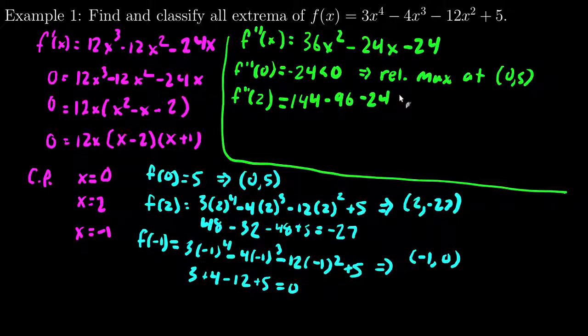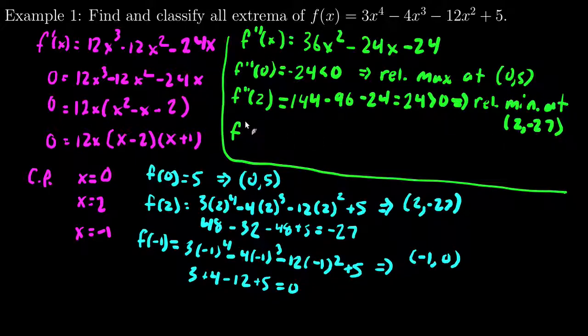But that doesn't actually matter so much. What actually matters here is the fact that this is bigger than 0. I didn't care that this was 24 instead of 28 or 18. What matters is this is bigger than 0, which means we're concave up, and that means we have a relative minimum at 2, negative 27.